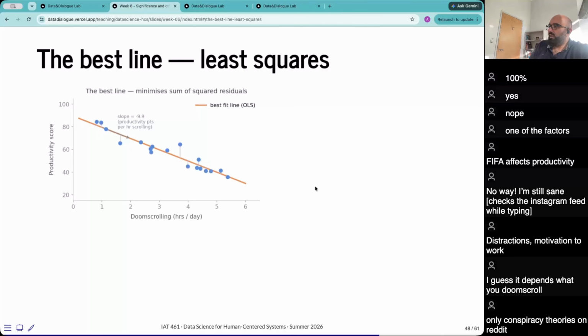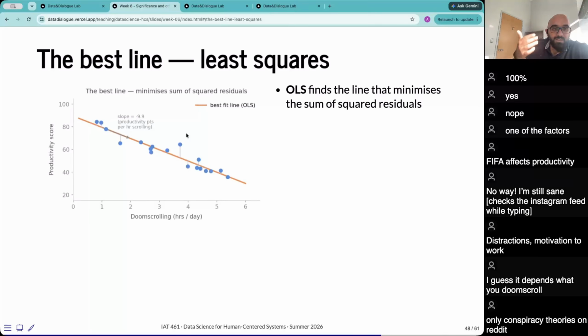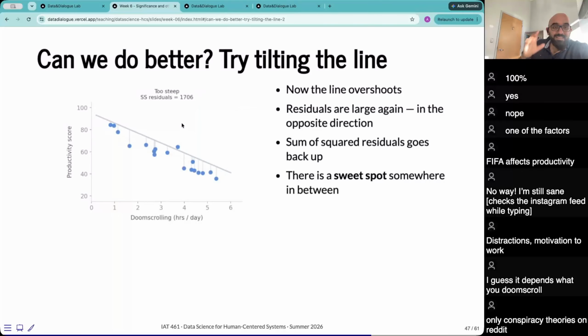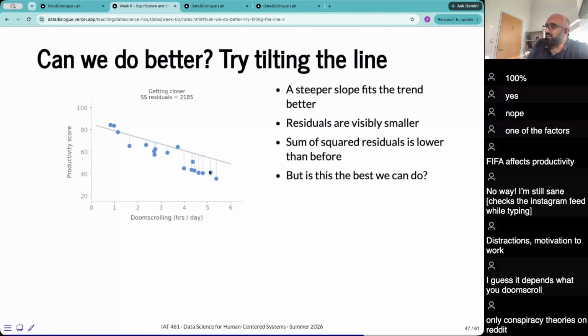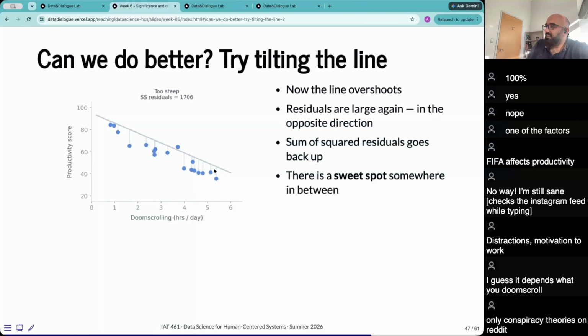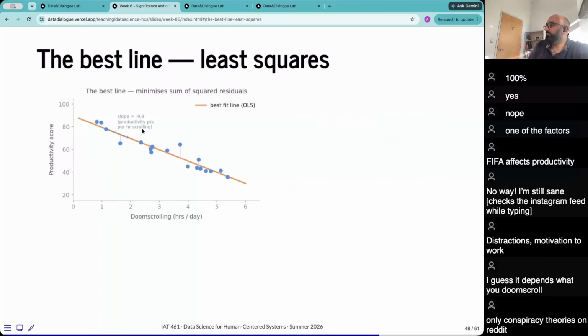Oh, this is the line. Okay? This is the best fit line. The least squared line. See? The idea that said OLS, you might hear about it, is just this. What is the line that has the least amount of squared residuals for the given data? Boom.